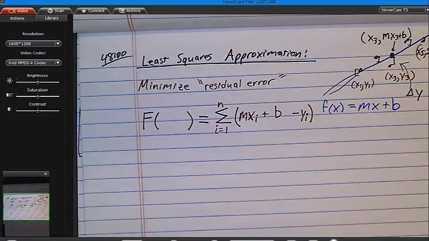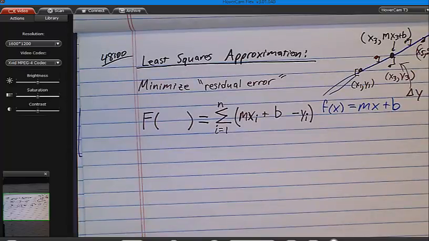And this would work, except there's a problem with my strategy. The problem is that look at x2, y2. You see how y2 is bigger than the line, it's above the line? So these errors would start canceling each other out. And I don't want them, I want to tally up all the error.